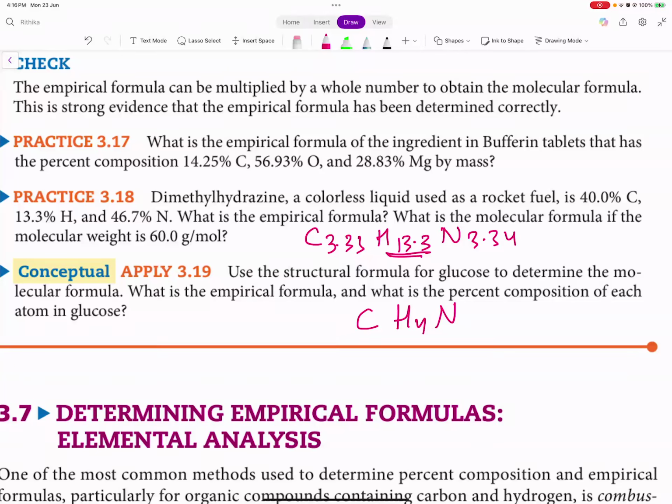They've given 60. So 2. Go on, and tell me the full molecular formula. C2N2H8. Yeah, very good.